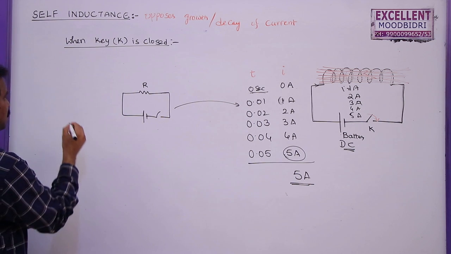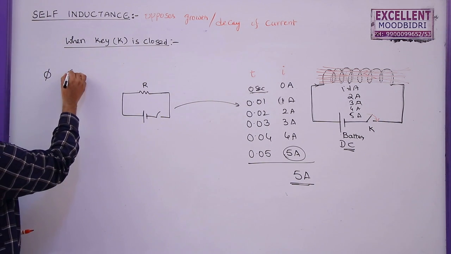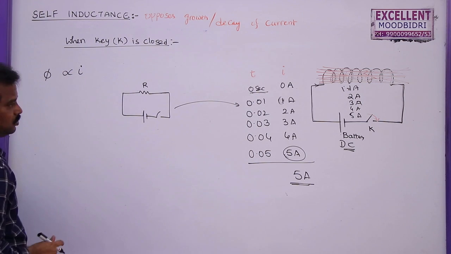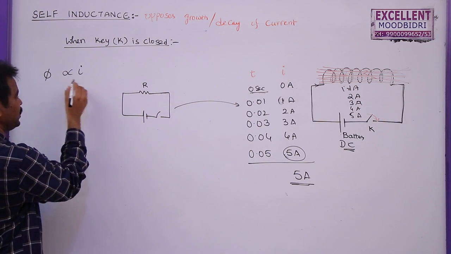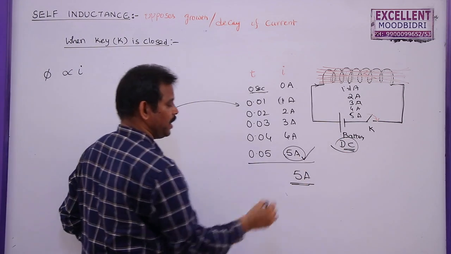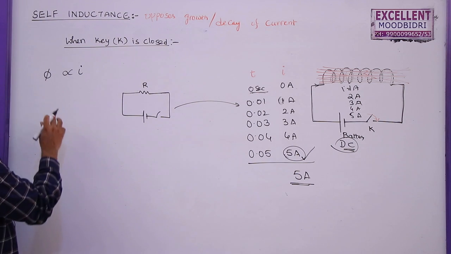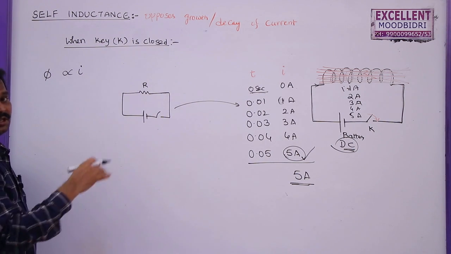So from this I can say the flux passing through this is directly proportional to the current passing through this. If the current is maximum, then flux will become maximum. After that, as it is a DC battery, when it reaches the maximum current, the flux through the coil will become maximum, and after that there will not be any change in the flux.